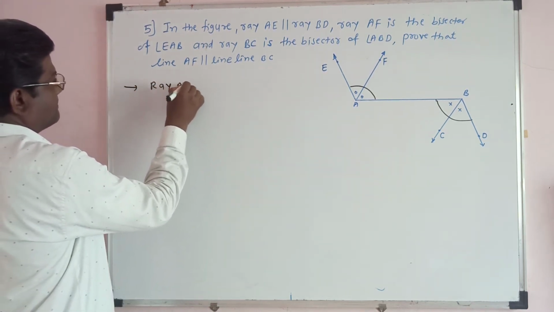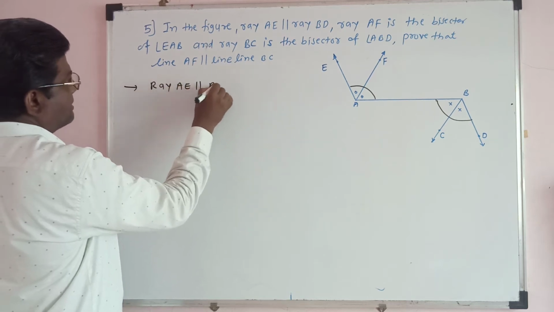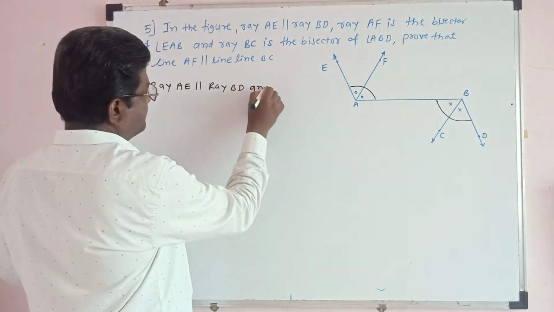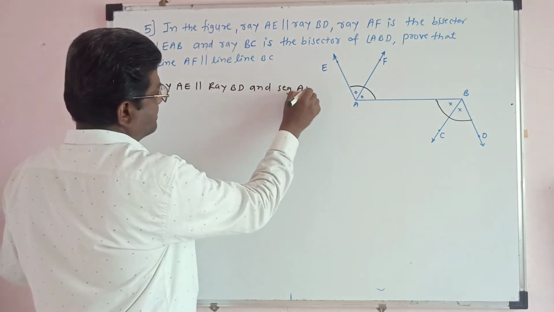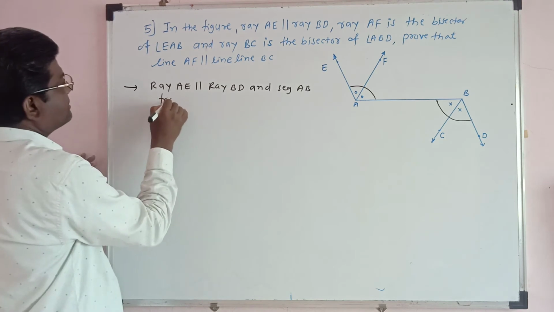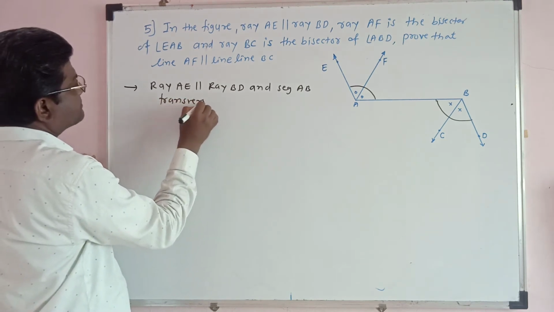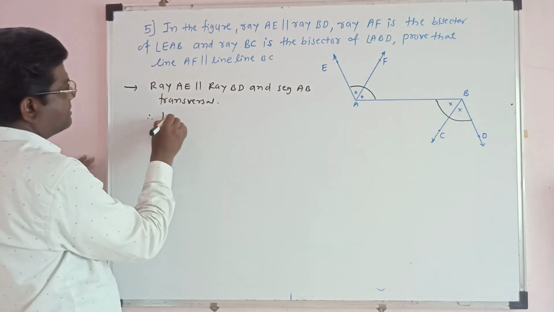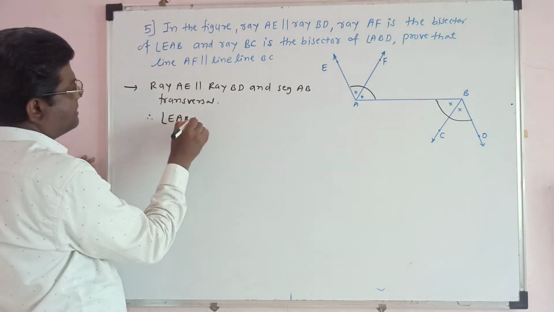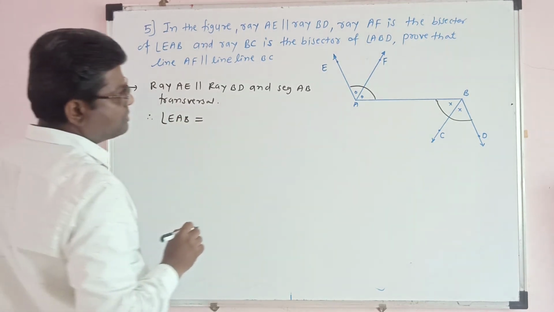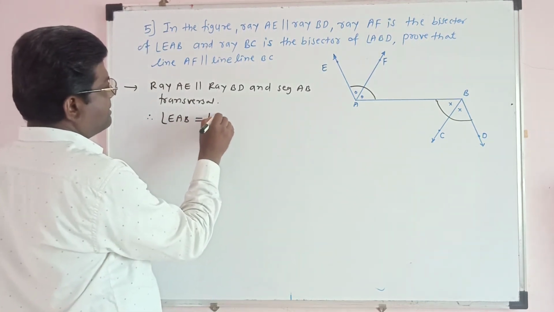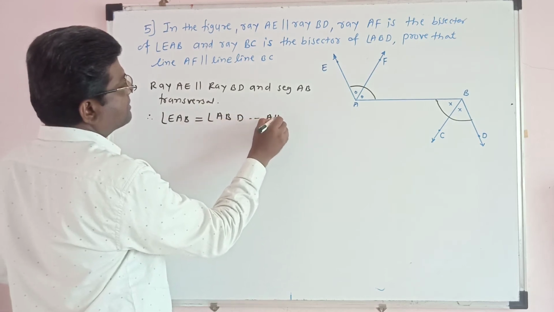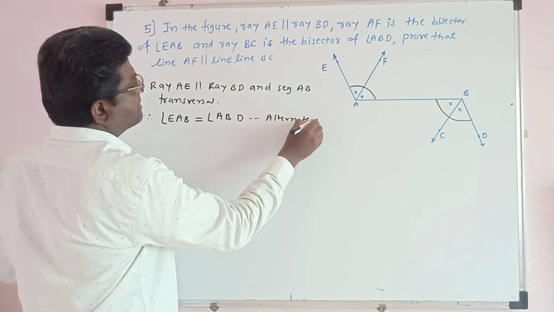So, we write ray AE parallel ray BD and segment AB transversal. Therefore, angle EAB is equal to angle ABD. Reason is alternate angles.